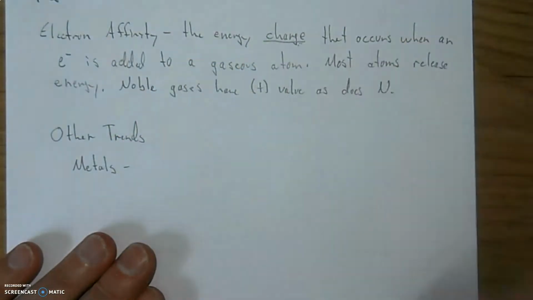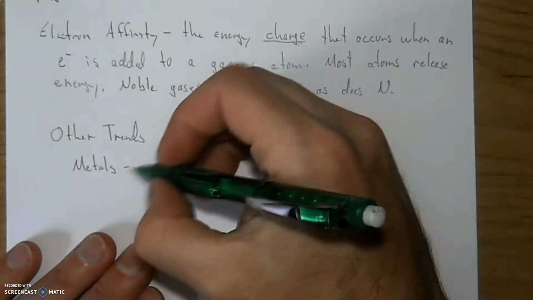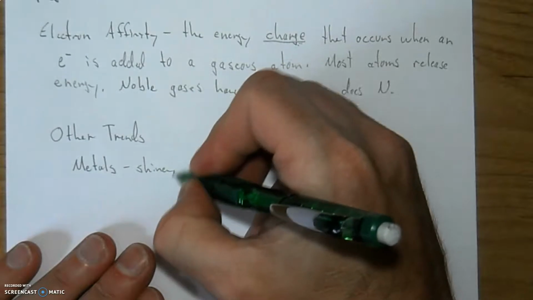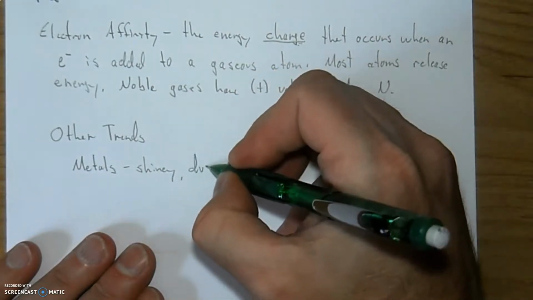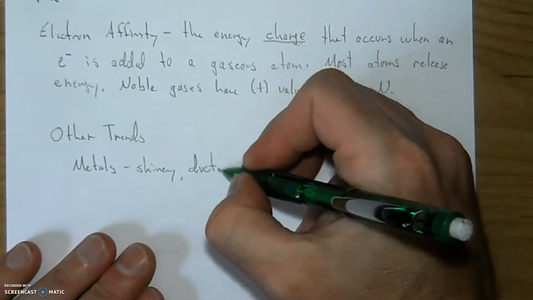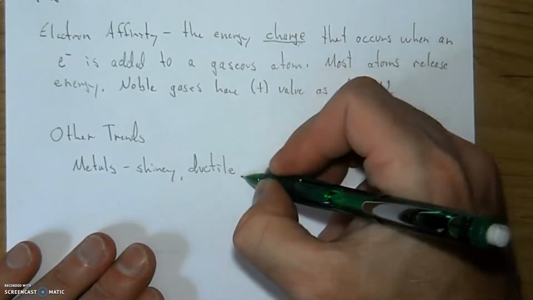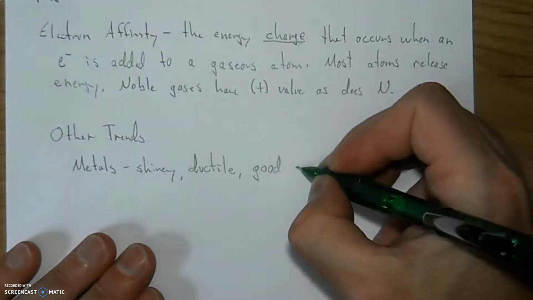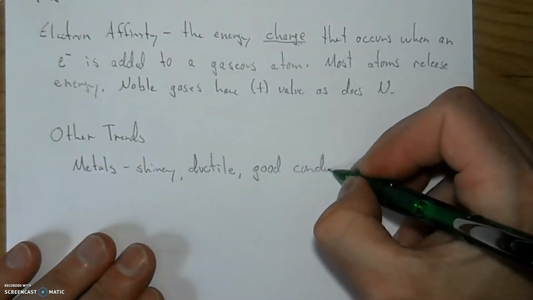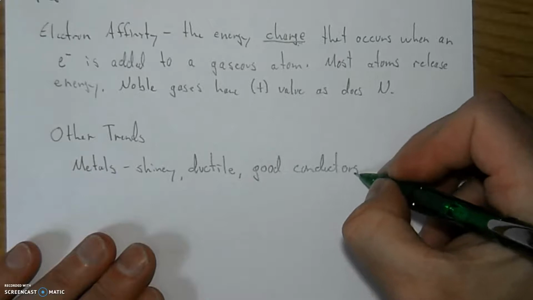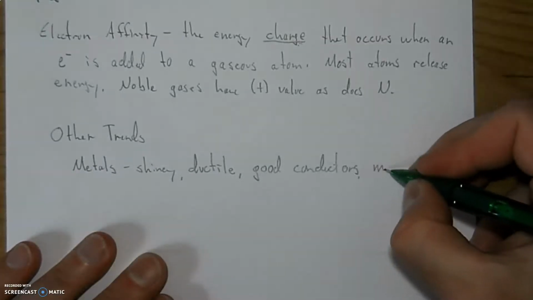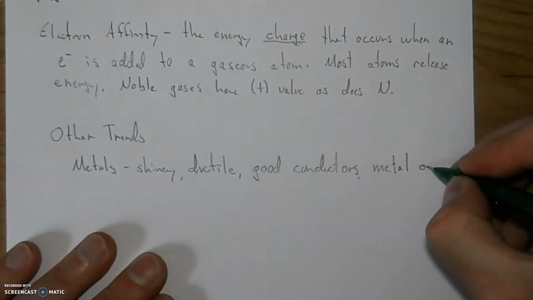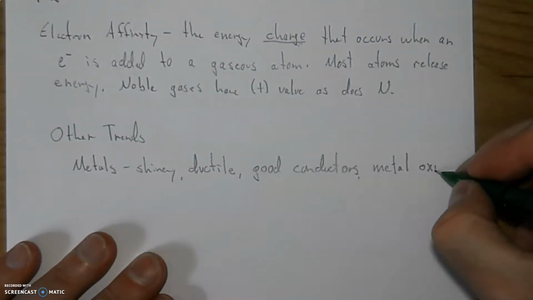Metals. So looking at metallic character. Metals in general are shiny. They are ductile, which means you can pound the metals into thin sheets. They are good conductors. And when they react with oxygen, they form metal oxides.